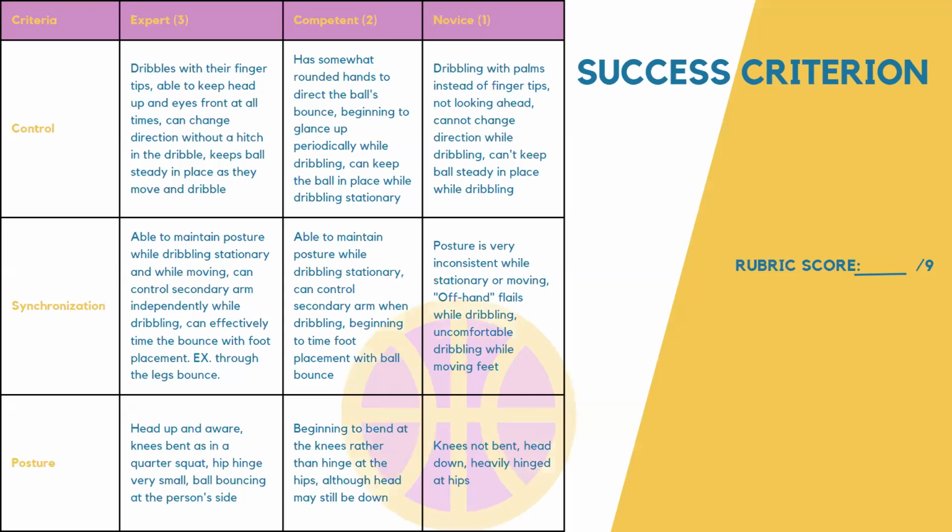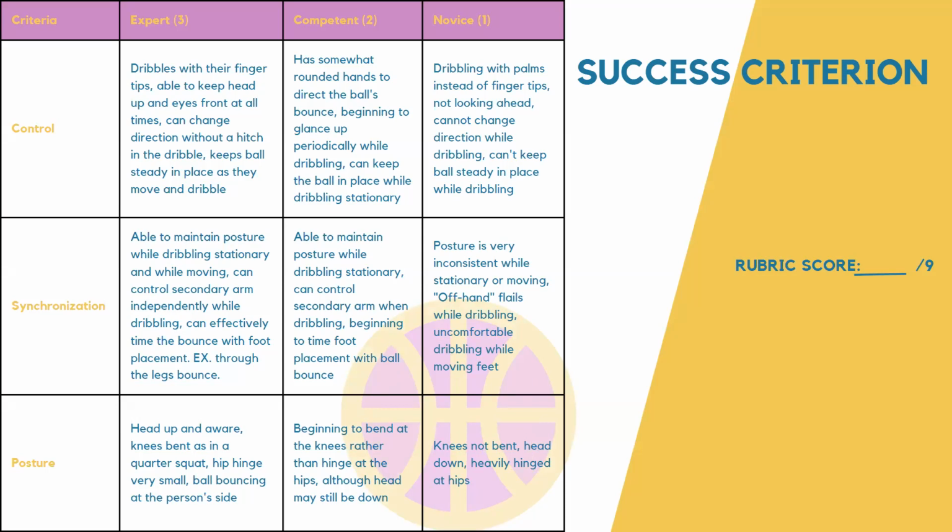This is the rubric out of 9, with control, synchronization, and posture as the criteria. We're looking at how they move with the ball, their synchronization, and their overall posture, whether their head is up or whether they're hunched over, like a hip hinge, and whether the control is there with their fingers.